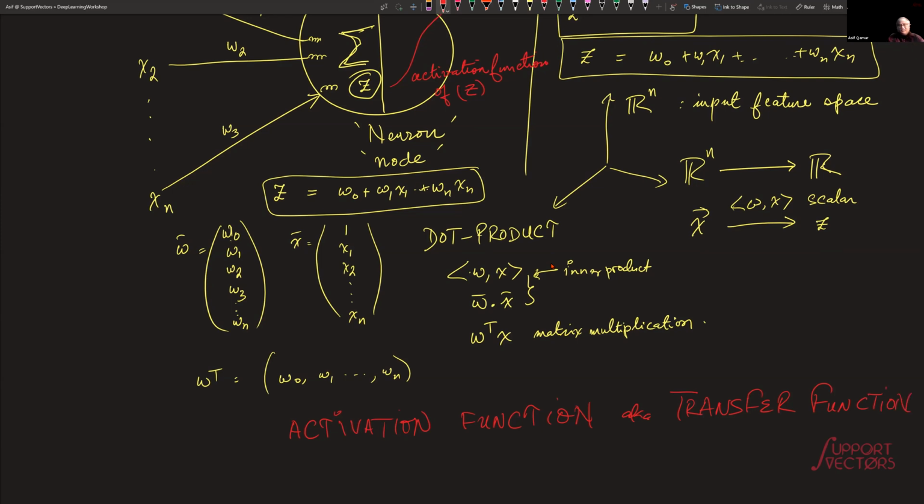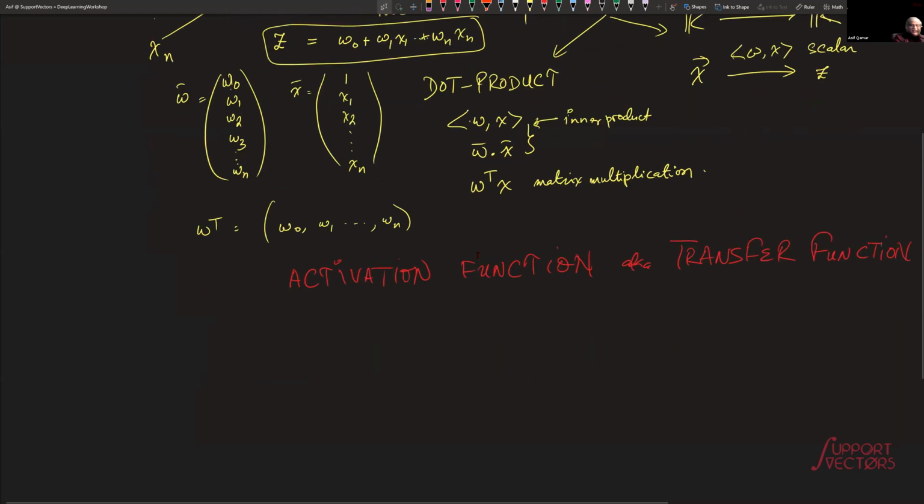What do they do? They are mappings, essentially. They take Z as input. So Z is what? It's just a number. And they output what? They just output a number. Are we together, guys? Let me just call the output the activation, A of Z, right?